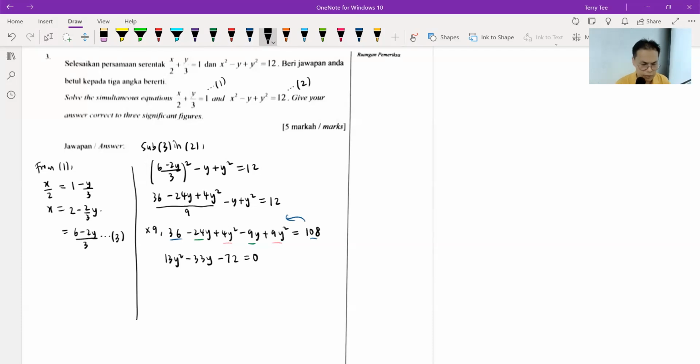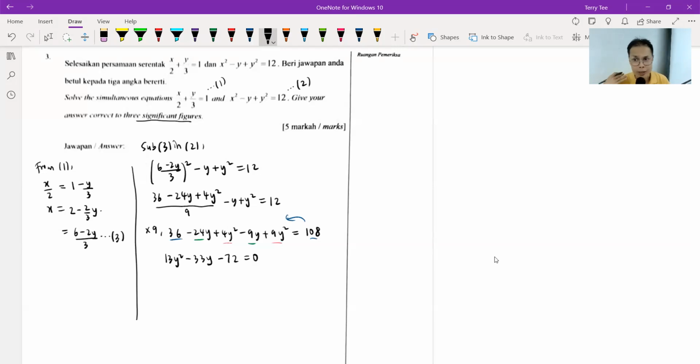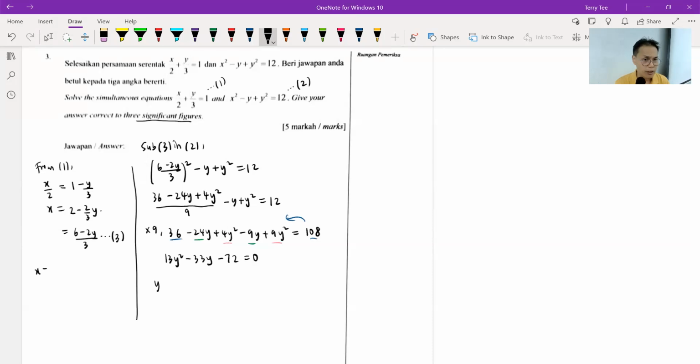Okay, this is not a nice number, I would say, but we can actually solve it, no problem. We know we cannot factorize it because the question says give an answer correct to 3 significant figures. Whenever they say 3 significant figures or 3 decimal places, we know we can't factorize it. We have to use the quadratic formula. Before you use it, remember the formula is given by, let me write here, minus b plus minus square root of b squared minus 4ac over 2a.